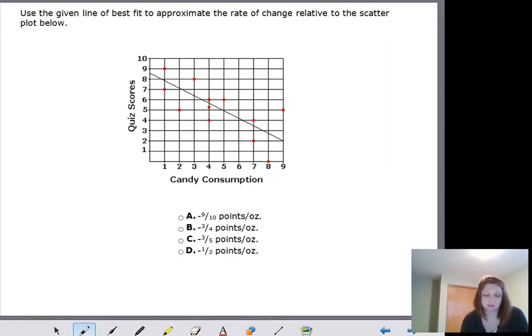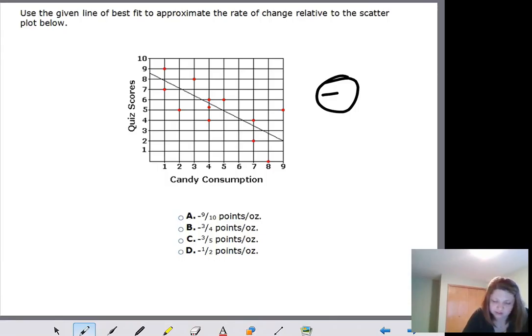Use the given line of best fit to approximate the rate of change relative to the scatter plot below. All right, so negative slope. Well, this would not help much here because all the answers have negative, which is okay. Now let's take a look. We've got to pick 2 points from the graph that will help us find out what the slope is going to be.